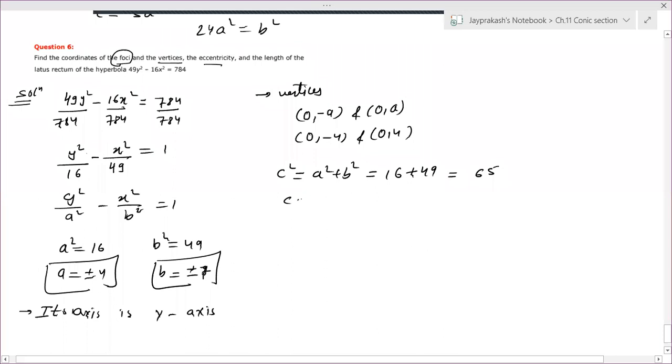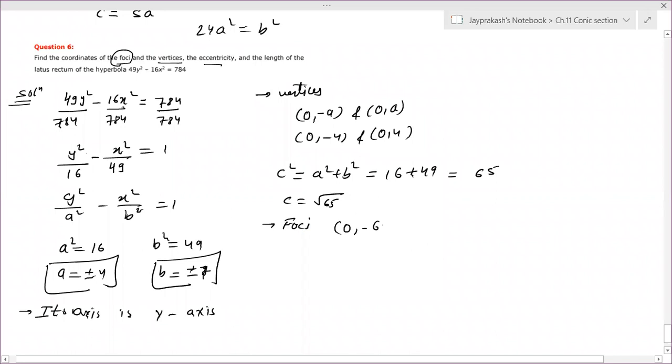So c is equal to root 65. So we can write here foci is equal to 0 comma plus minus root 65.